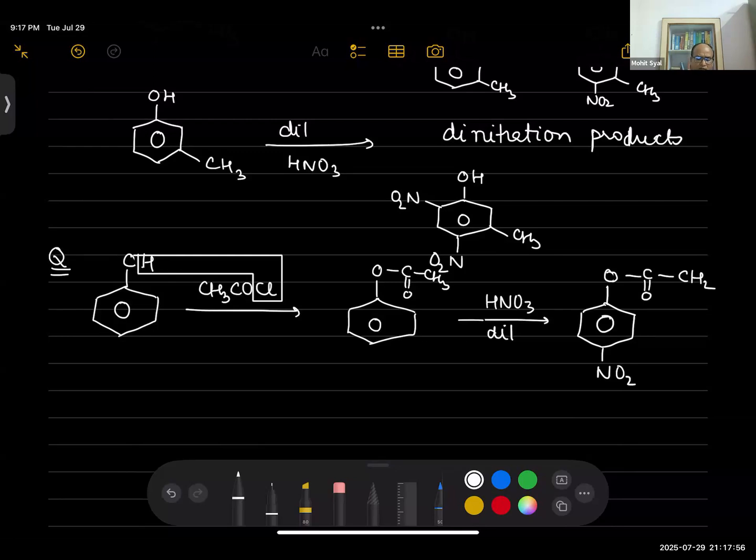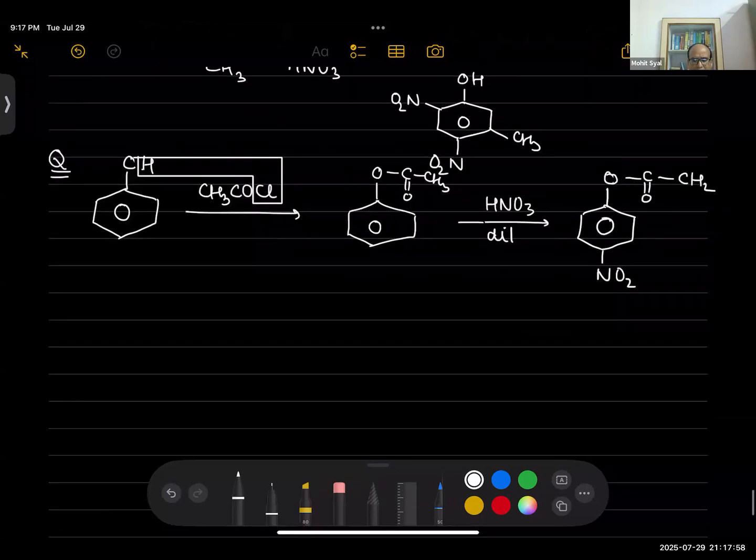But what is going to happen if I forcefully bring in the next NO2 group? That may get attached to the ortho position. Is it clear? Got it?